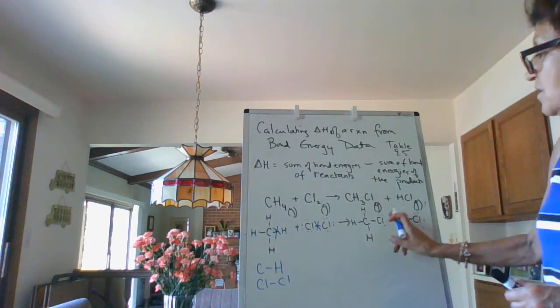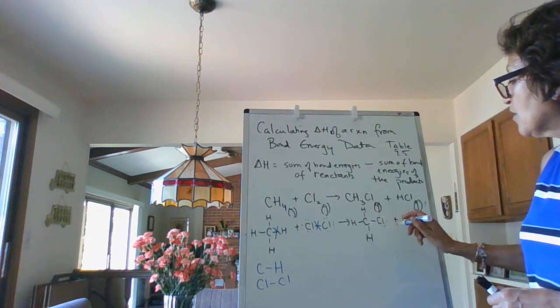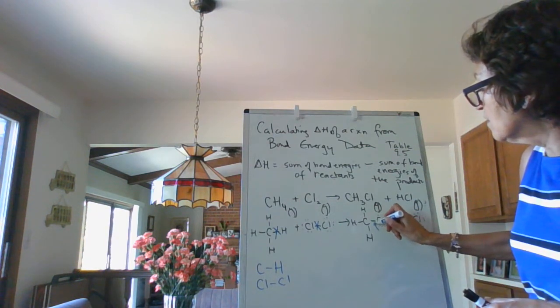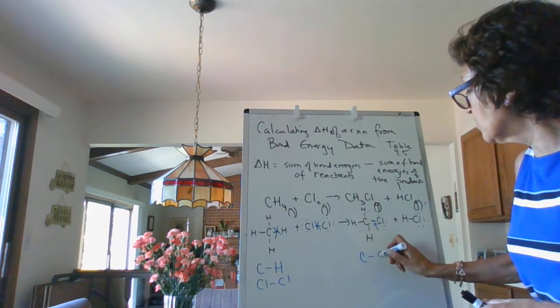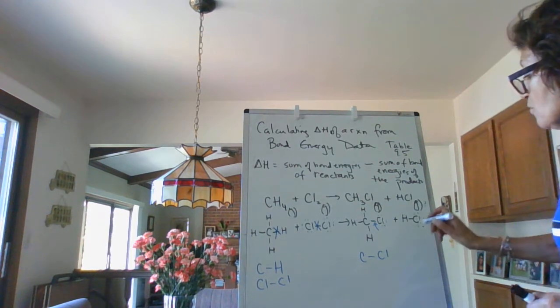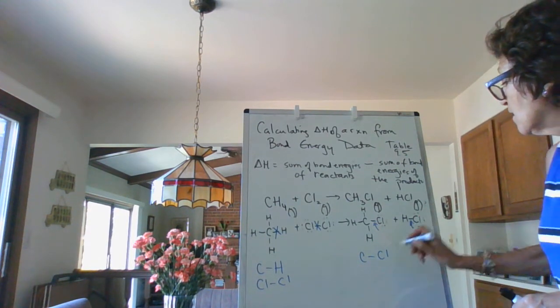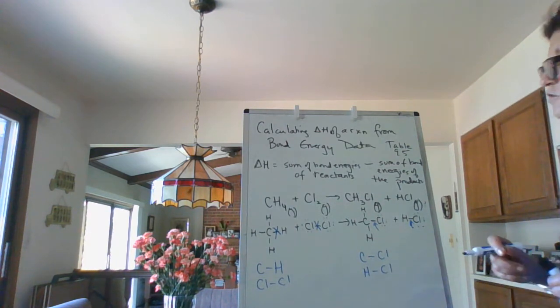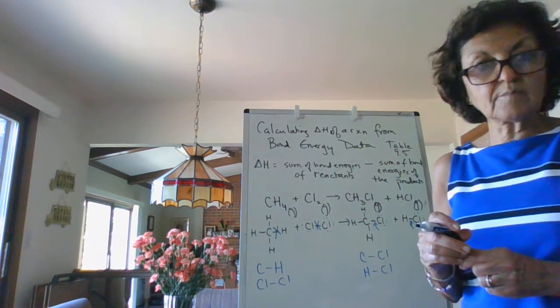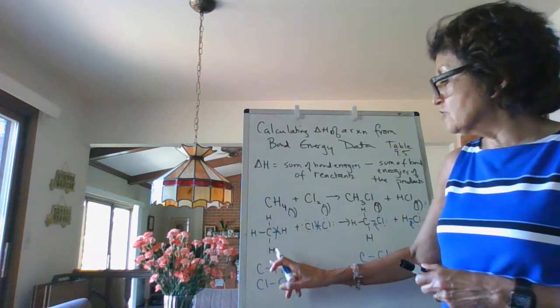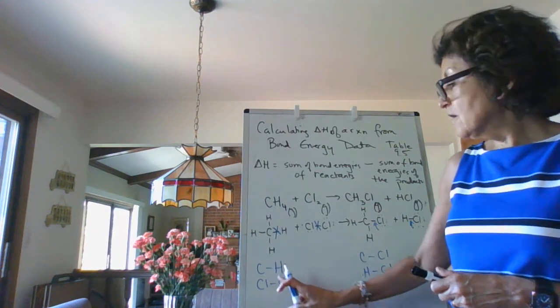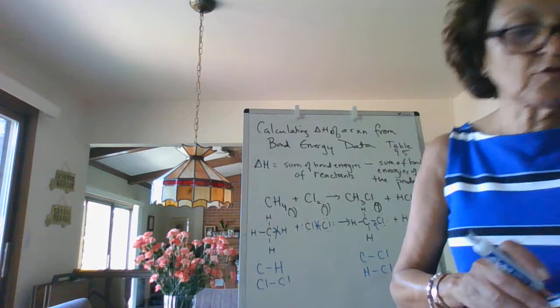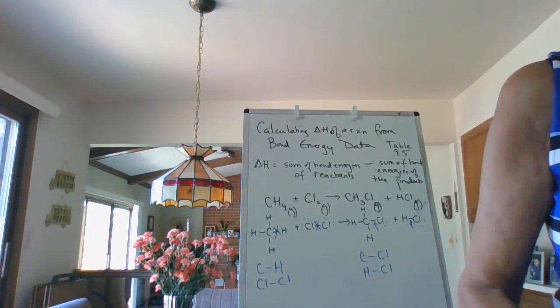And then what new things are we forming in the product side? We're forming a carbon-chlorine bond, and we're forming a hydrogen-chlorine bond. So you need to look up those numbers. You need to look up the bond energy of carbon-hydrogen and bond energy of chlorine-chlorine. So look them up.